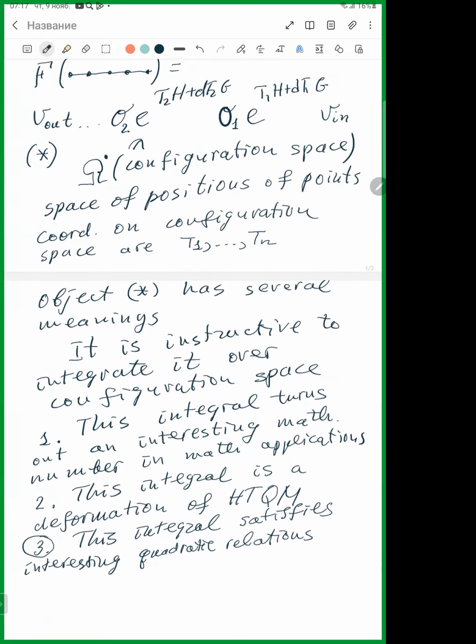Point number 3 provides relations between mathematical problems in point 1.